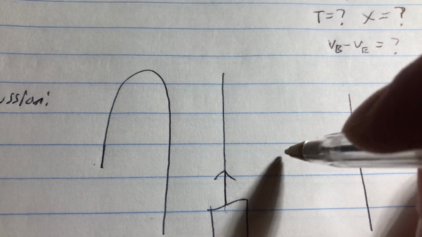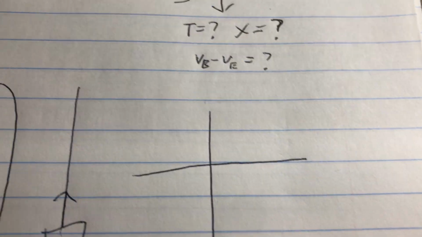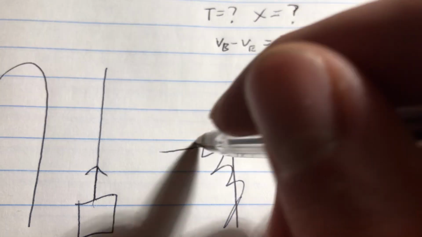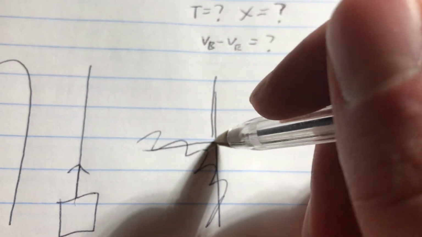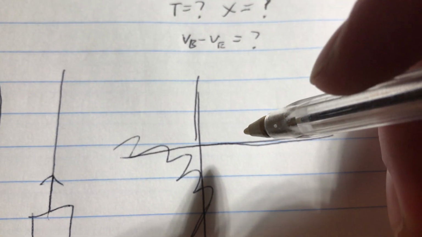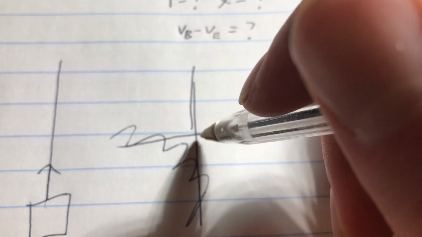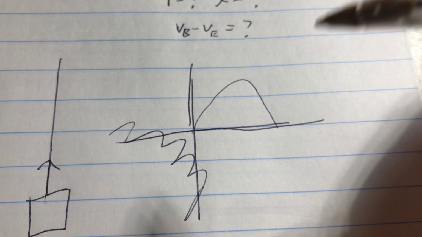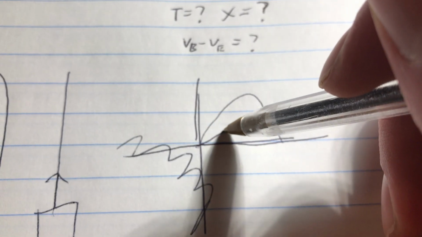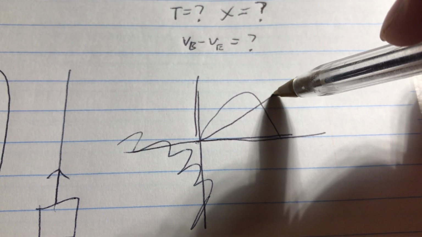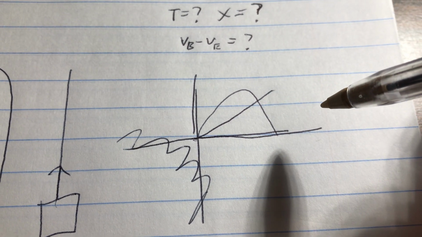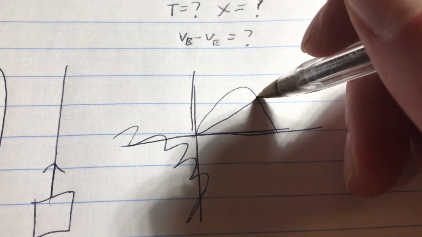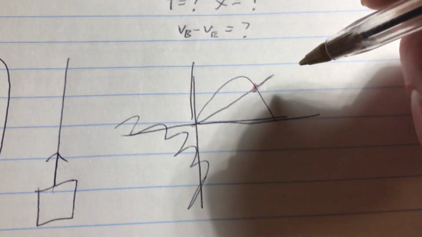If I were to draw this in a graph, I should really just draw that part since it's time and there's no negative time. We have the ball, that is a parabola, give or take, and an elevator that is a straight line because of the constant velocity. So it's basically saying, where do these meet?